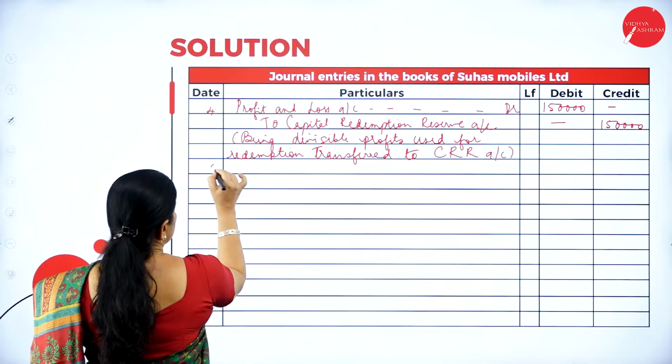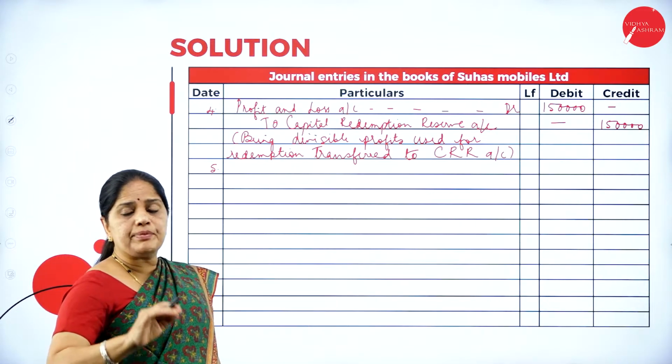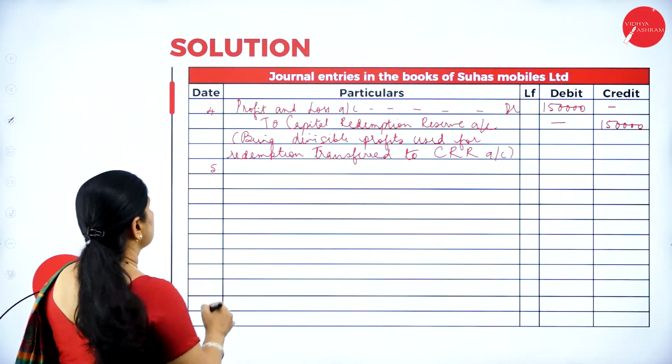Now the next journal entry will be for transferring the capital and premium to preference shareholders account.